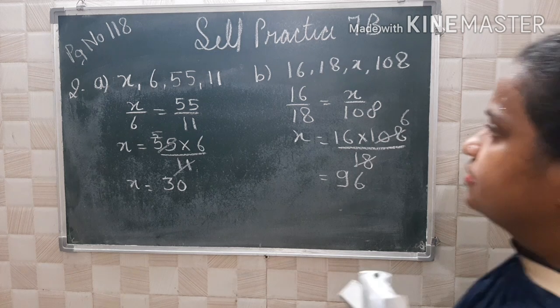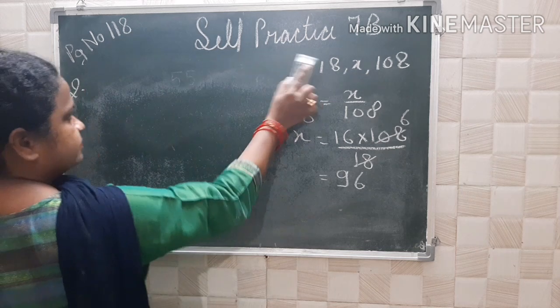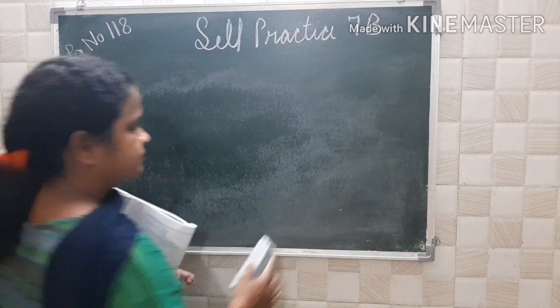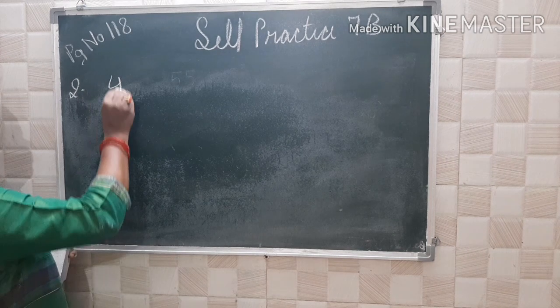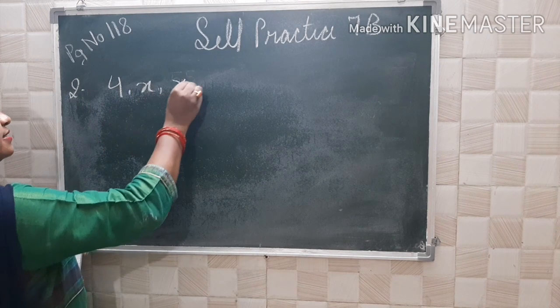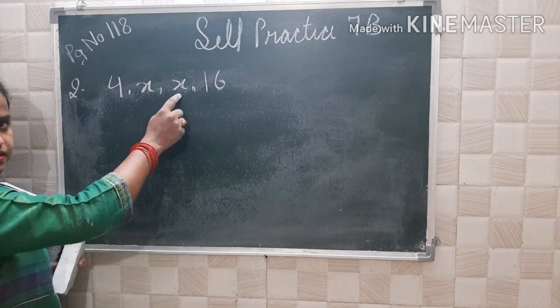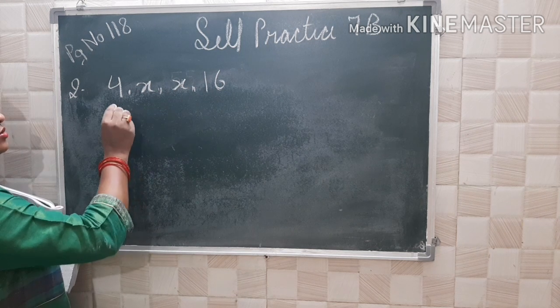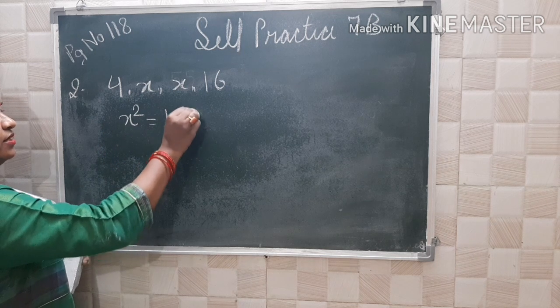Now see the C part. 4, x, 16. So here what does it mean? This x means both are same. So you will have x into x square is equal to 16 into 4.